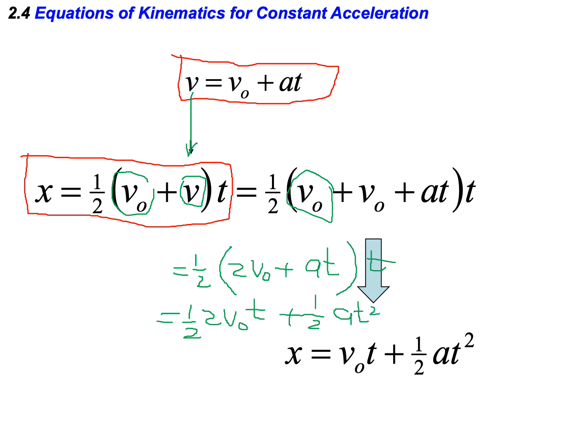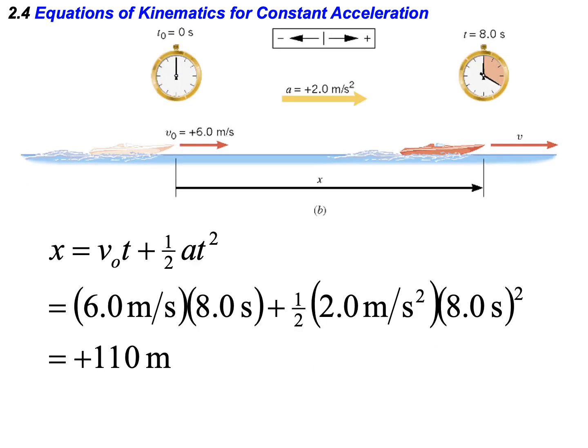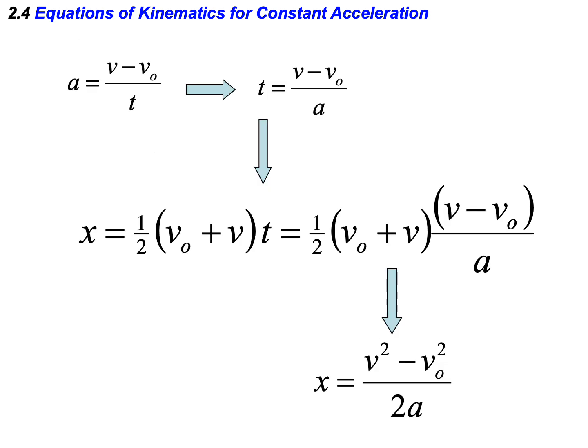So half cancels, therefore I have x equals v naught t plus half a t squared. That's the third equation. Let me move to slide number 33, which summarizes all equations we learned.